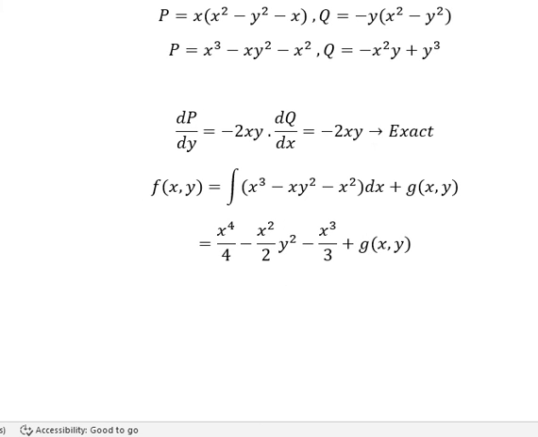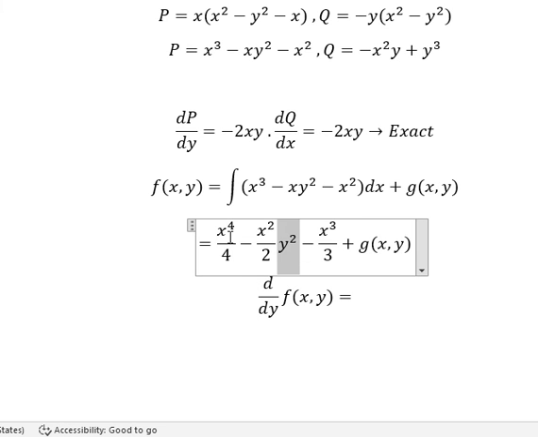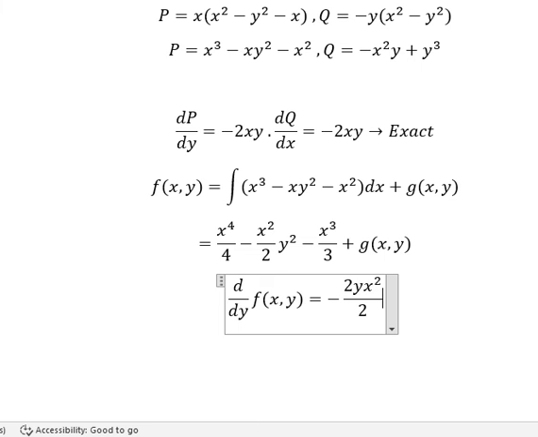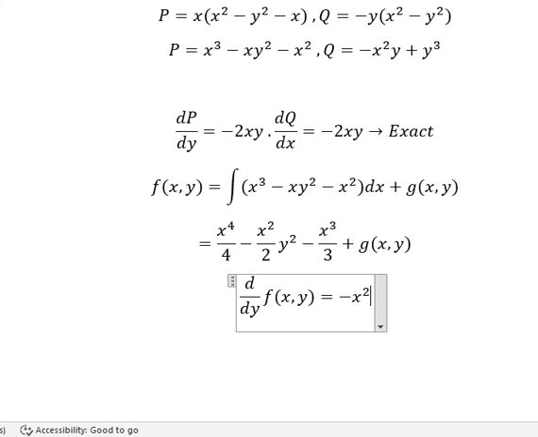Later that, we need to do first the derivative of f with respect to y. This one we have 2y. This one we don't have y, so you got 0 in here. So this one we can simplify like this.